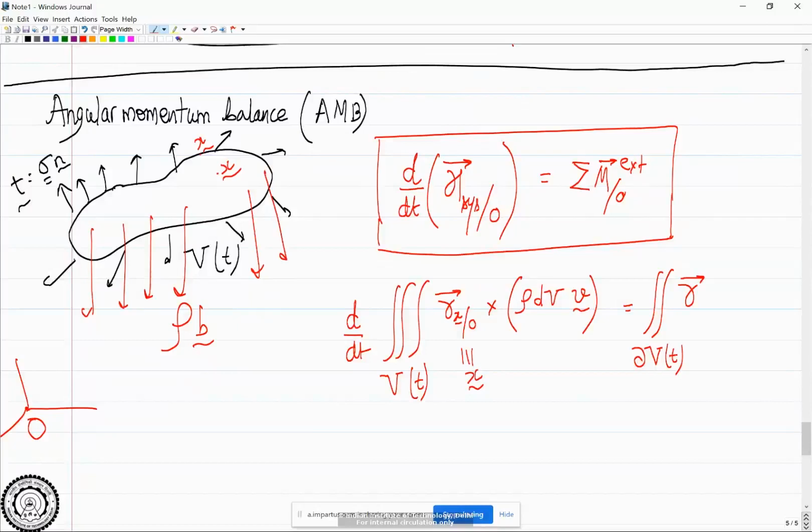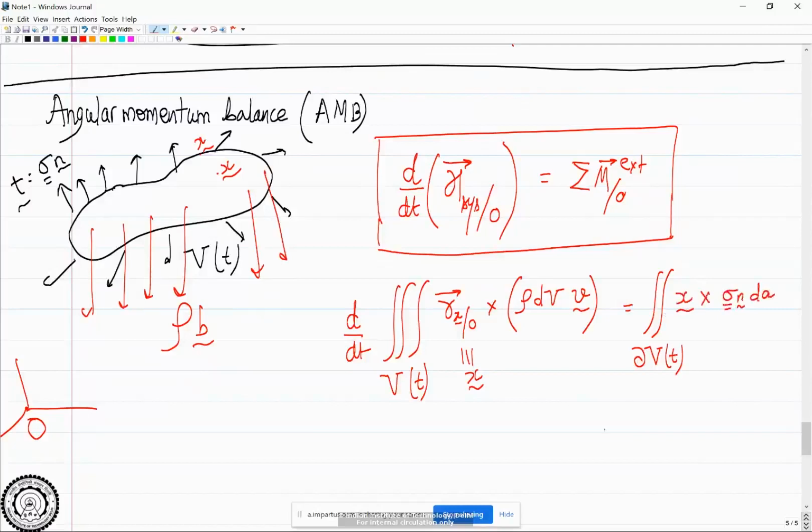So, and then here you'll have x cross product the force of traction, which is sigma n dA.